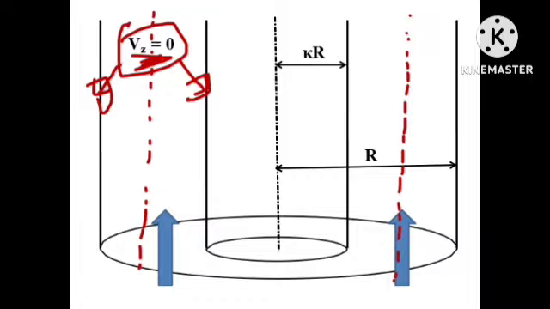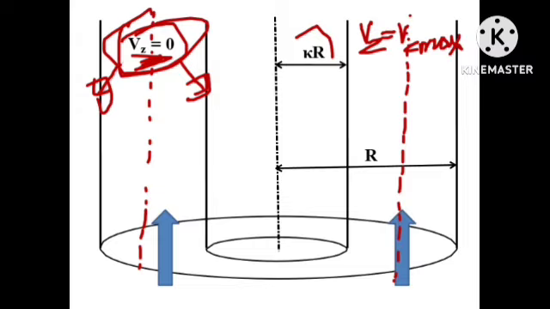Here it is Vz equal to 0, but here it will go as Vz max. This is called the inner radius and this will be the outer radius.